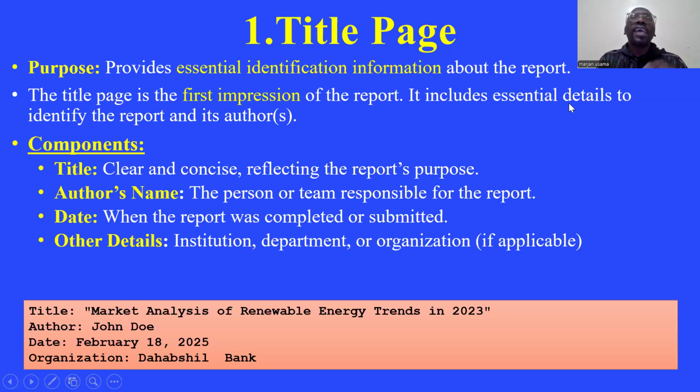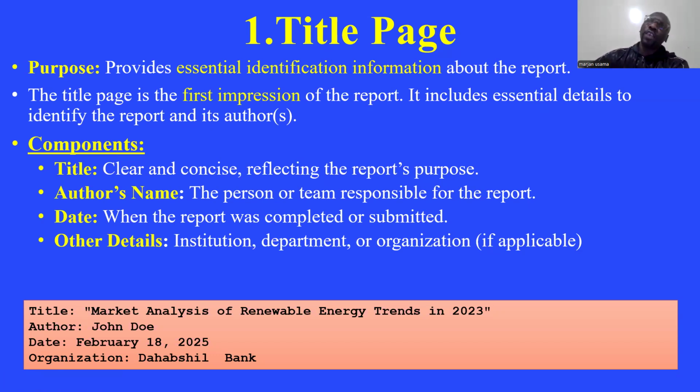So it includes essential details to identify the report and its author. So what are the components of the title page? Number one, you will always have the title, which needs to be clear and concise, reflecting the report's purpose. For example, in your case, when you're writing your dissertation or your thesis, your research topic has to be on the title page.